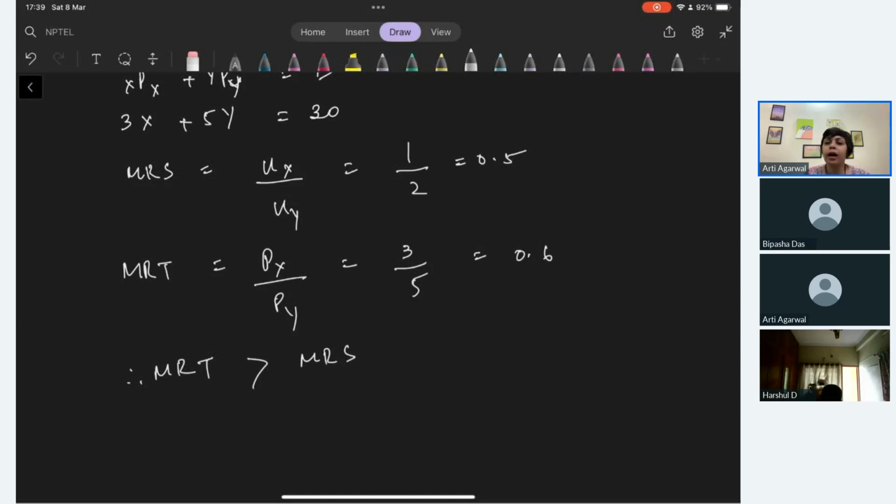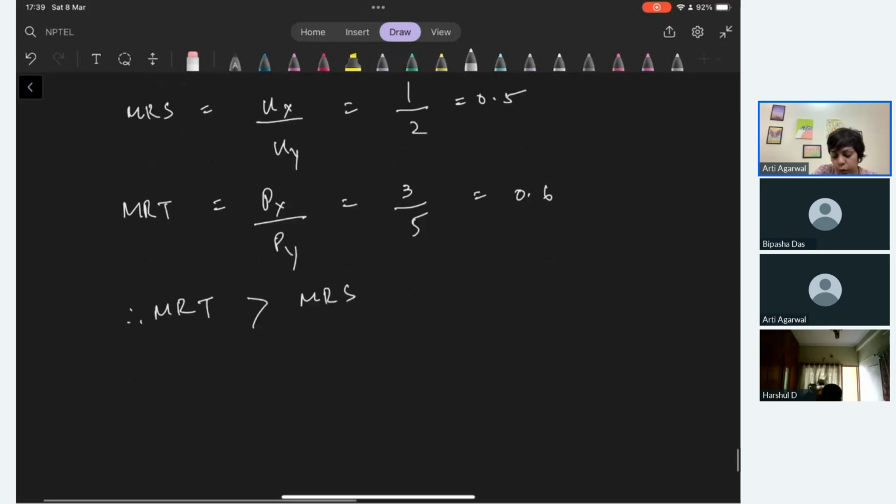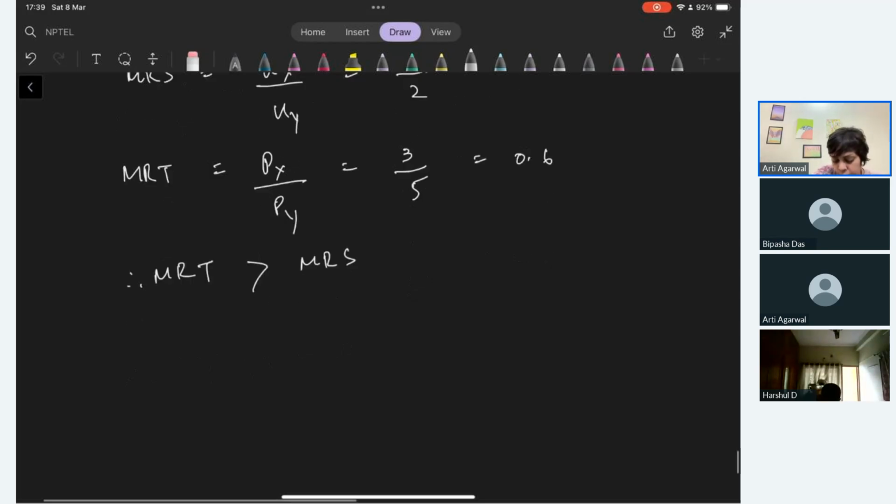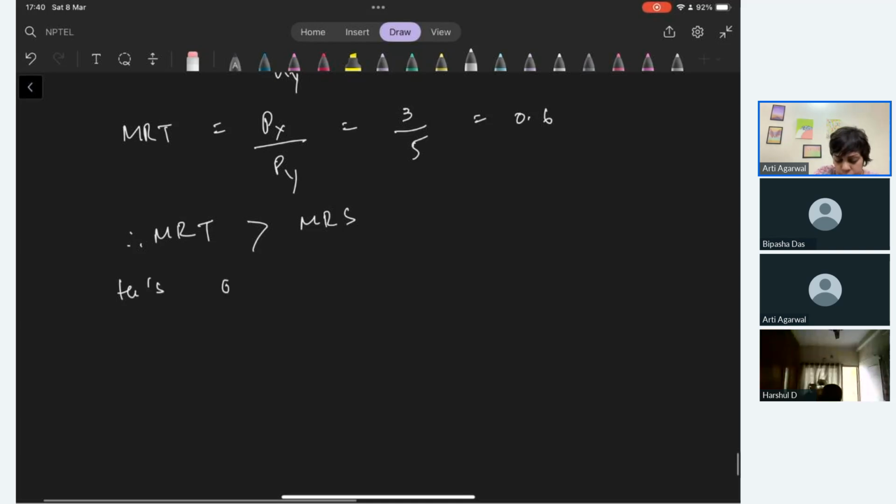Means the price of X is higher relative to Y, and that ratio is basically greater than the marginal utility values. So he's going to consume only Y. So only Y. So X is 0.